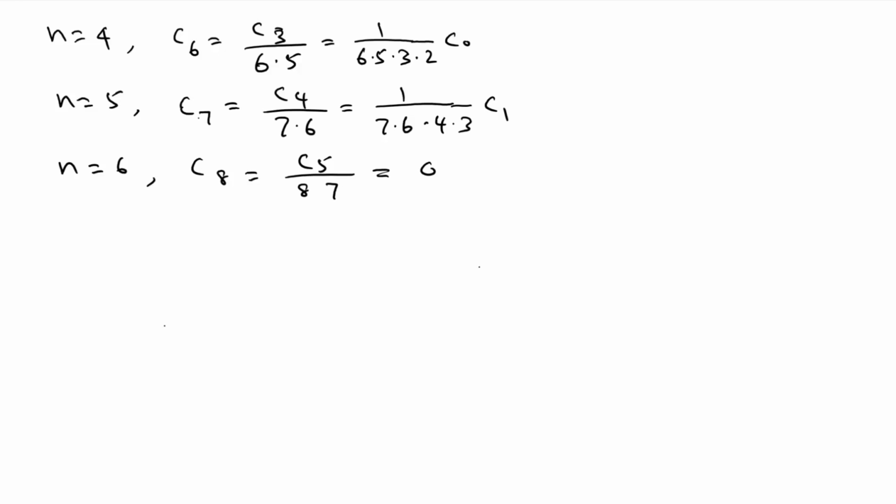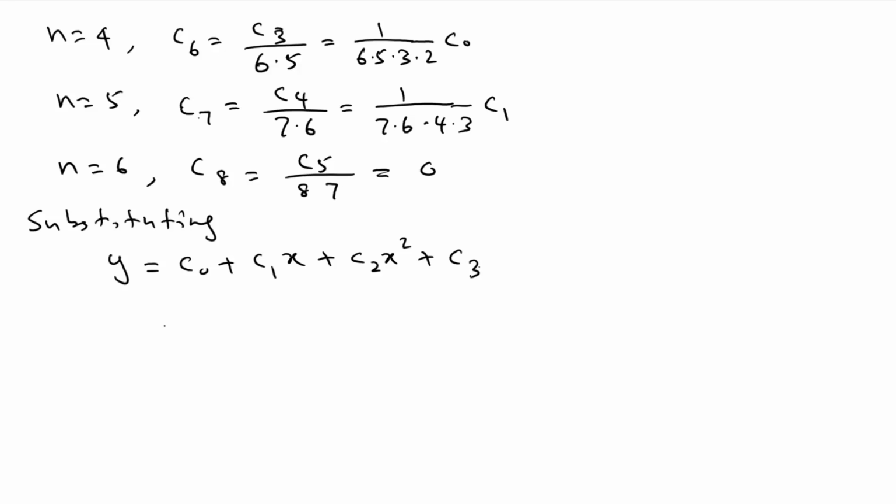So now what we can do is substitute. So substituting, we can see that y equals c0 plus c1x plus c2x squared plus c3x cubed plus c4x to the 4th plus c5x to the 5th plus, so let's see the pattern.